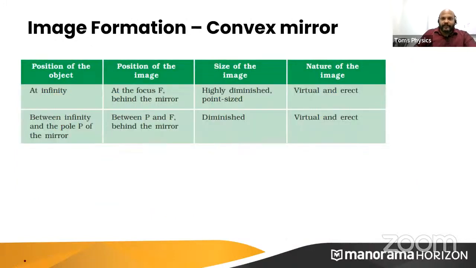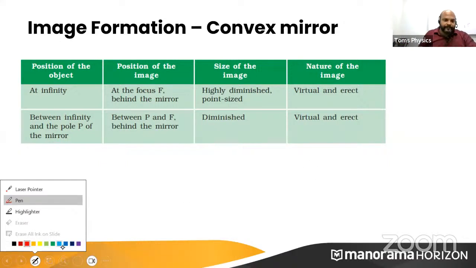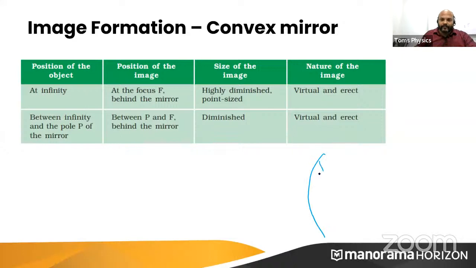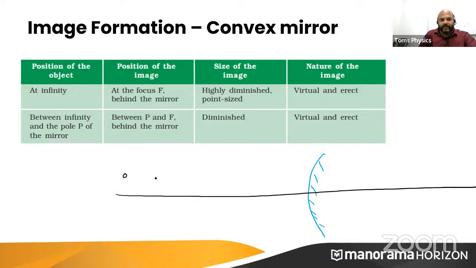Now we have the image formation for a convex mirror. This is much less interesting, and the reason is that it doesn't really matter where you are standing in relation to a convex mirror. If you make a mirror which is bulging out, silvered on the back, you will notice that it does not really matter where the object is.